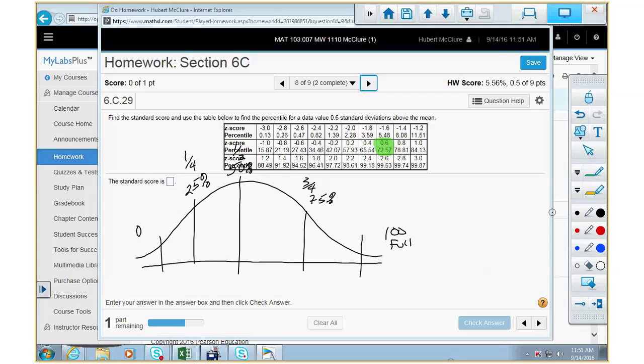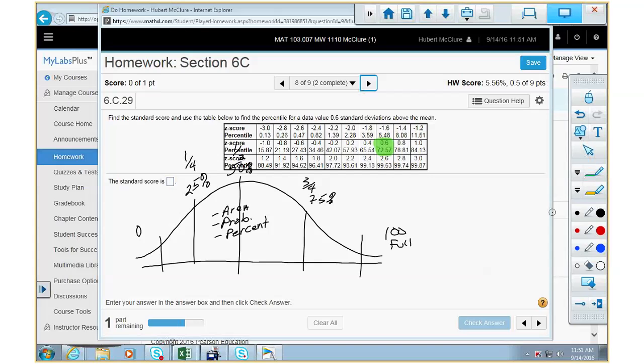Everybody with me? Now, everything in this bubble right here is considered to be an area. Here's the three things that you call it: area, probability, percentage. All of those words mean the same thing. If I asked you for the probability at a z-score of 0.7, then you would tell me that probability or that area or that percentage.